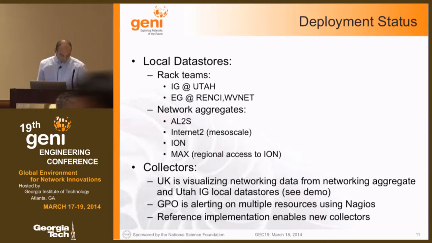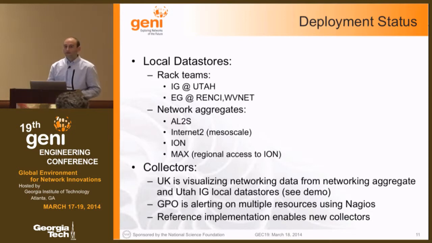So the deployment status is growing quite rapidly the last 2 weeks, coming up to the GEC. We now have both rack teams. We have limited deployment in Utah, ExoGENI. We have some deployment in the WVNet, RENC, network aggregates, AL2S, Internet2 at the mesoscale, and ION and MAX, accessing regional access to ION.